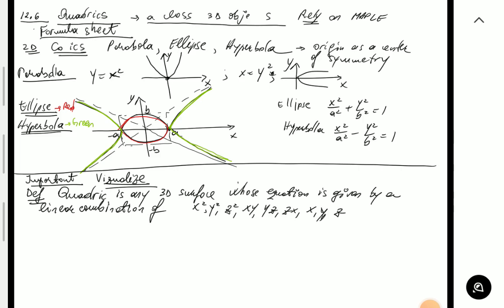So linear combination up to degree 2 for all of these variables, for the coordinates. So it's a pretty general definition, obviously, right?